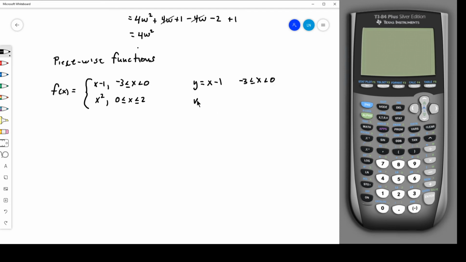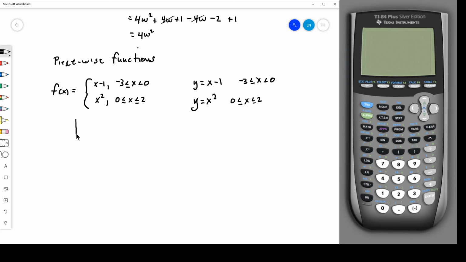And then I have another function, y equals x squared, which is only defined between 0 and 2. Now if I want to graph this, I know what y equals x minus 1 looks like, that's a linear function. I know what y equals x squared is, that's a quadratic function. Individually, I know what each of these functions looks like.